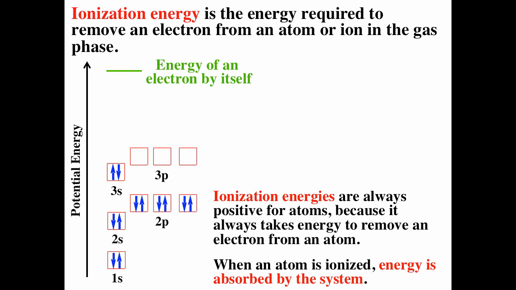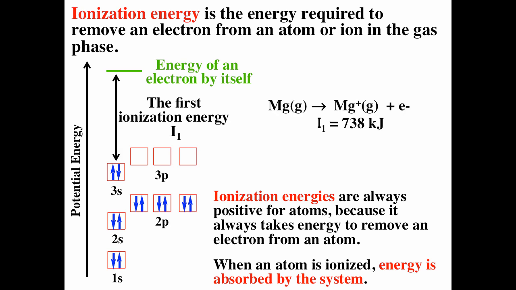Here we have the electron configuration for magnesium, and you can imagine there's an energy state for an electron by itself way up high. To remove an electron, we have to promote it to that much higher energy state. In the case of magnesium, it takes 738 kilojoules per mole.